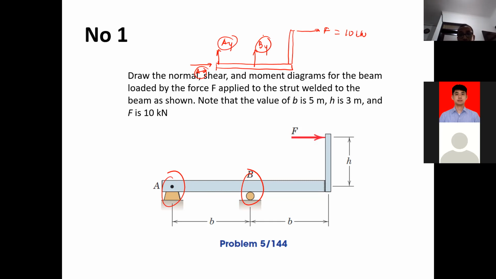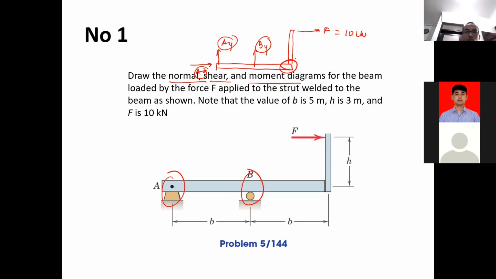Okay, then in order to draw the normal, shear, and moment diagrams, sometimes we can just move this to this particular point.